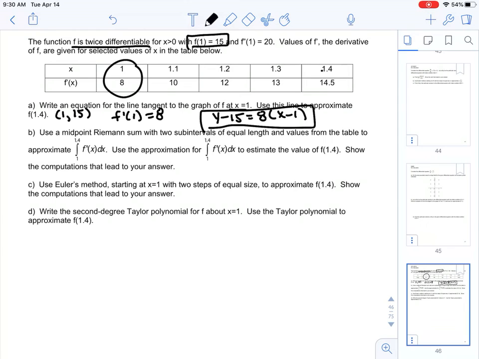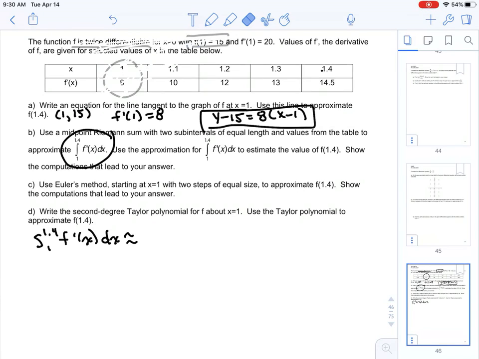Okay. Part B. It says use a midpoint Riemann sum with two subintervals. So we're going to do two rectangles, equal length, and we're going to approximate this antiderivative. So this is going to be approximately, and we want to use a midpoint. So when I use numbers from my table, for the midpoint, I need a number in the middle, so I have to go from here to here.